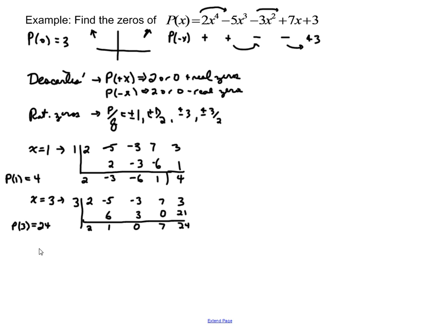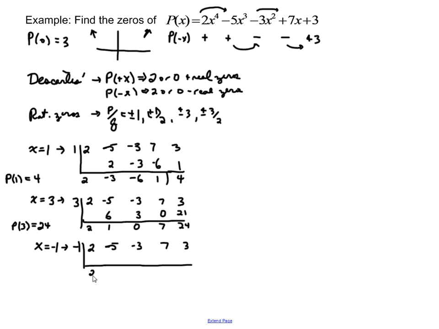Let's go to the negative side at x equals -1. I would just go through and list my whole numbers, one by one, and just see what happens. So at -1, here's 2, here's -5, here's -3, here's 7, here's 3.